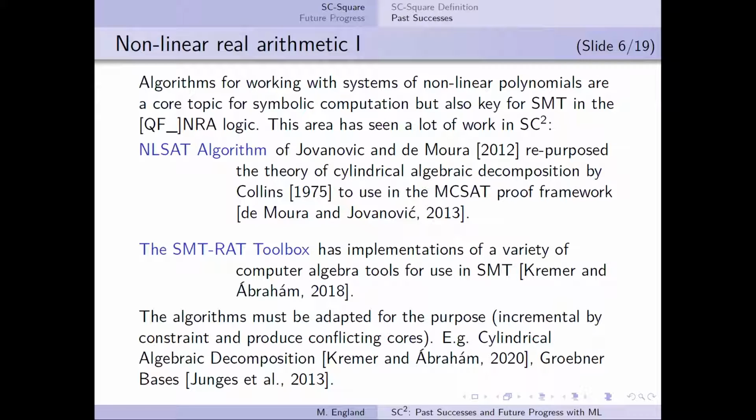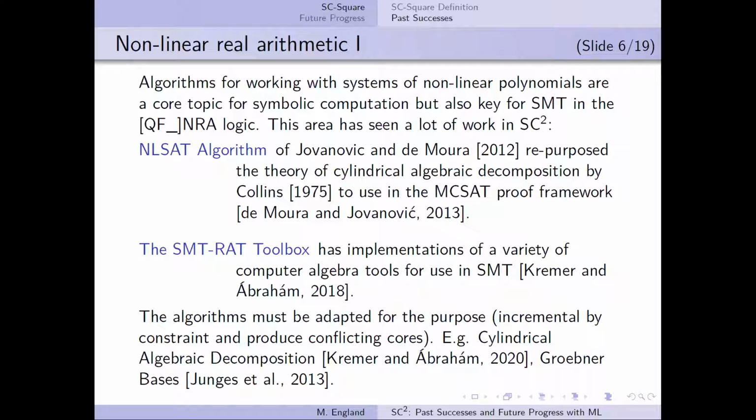So what does that tend to mean? Well, it means that these algorithms need to be made to work incrementally by constraints, because the search through the SAT space tends to study subsets of the polynomial constraints at a time and ask the theory algorithms to check whether those subsets can be satisfied together or not.